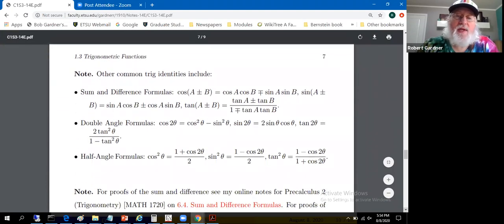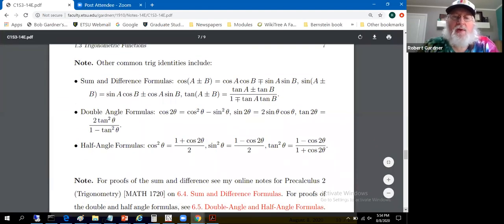Okay, without justification, or maybe with a reference, we get the following summation formulas. I refer you to my pre-calculus 2 notes on sum and difference formulas to get the following. The cosine of angle A plus or minus angle B, so I'm really stating 2 equations at once, is cosine A cosine B minus or plus sine A sine B. The plus on this side corresponding to the minus on that side, and the minus on this side corresponding to the plus on that side.